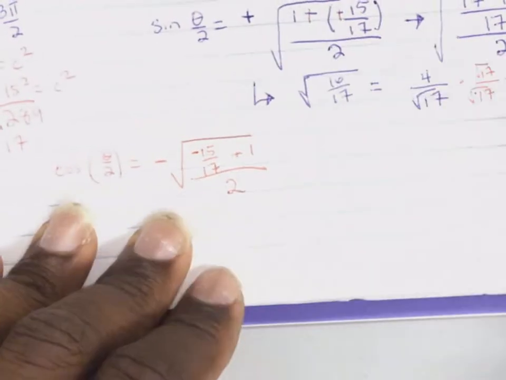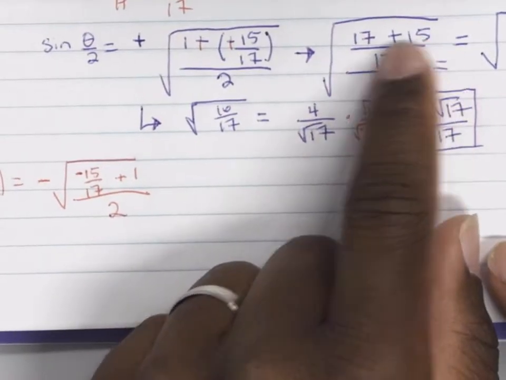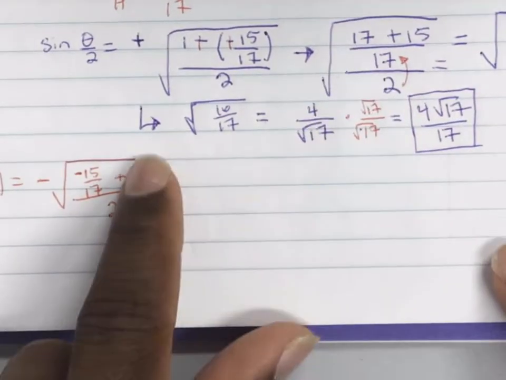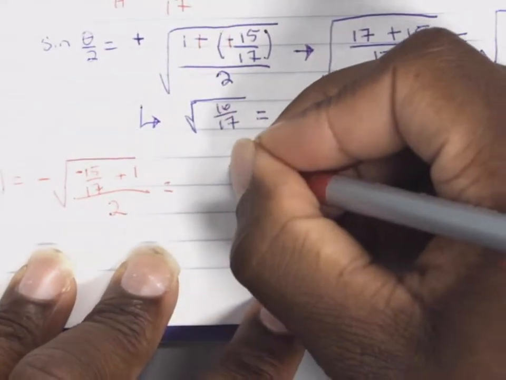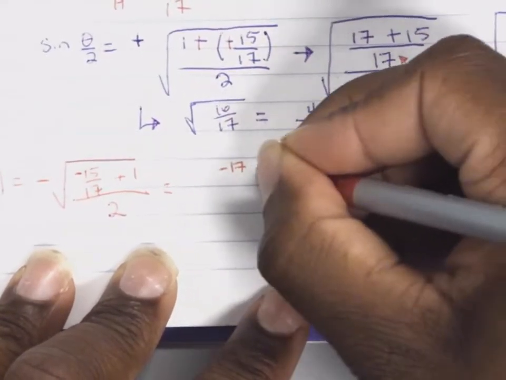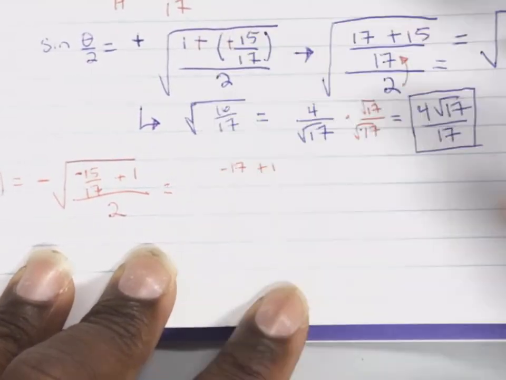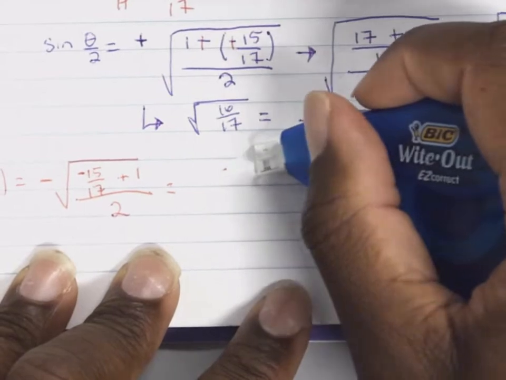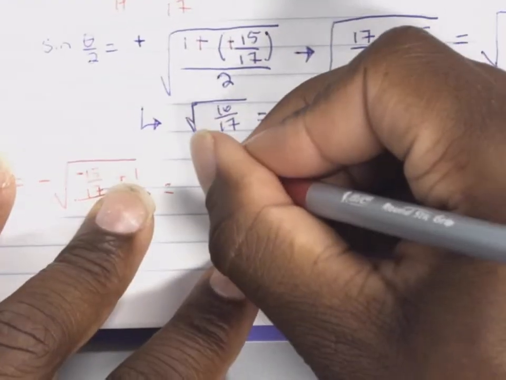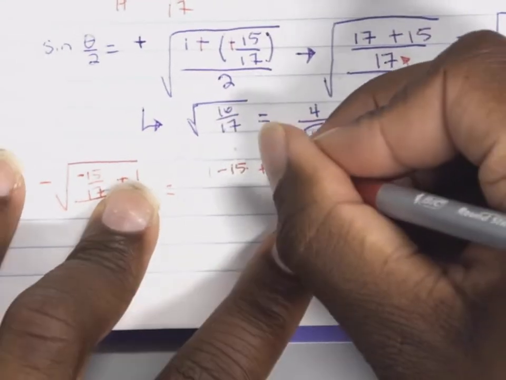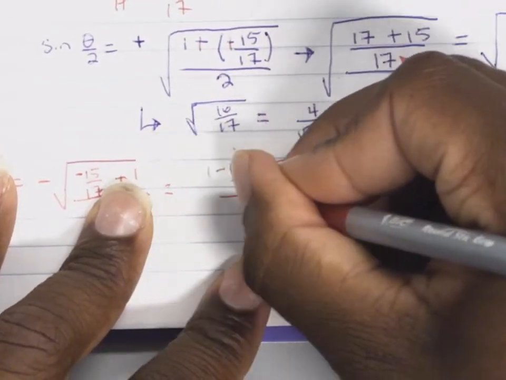So just like last time, I'm going to get a common denominator for 1. So I'll rewrite 1 as 17 over 17. So negative 17 plus, sorry, 15. I don't know why I wrote 17 there. It says 15 clearly. So negative 15 plus 17 over 17, all divided by 2.